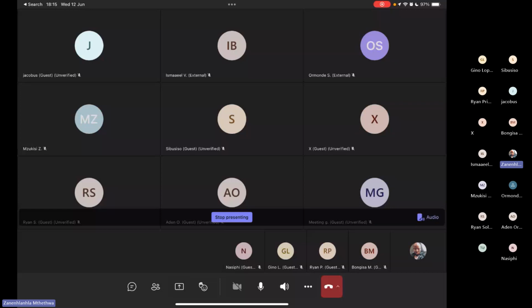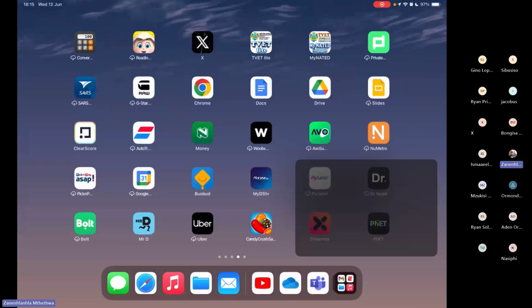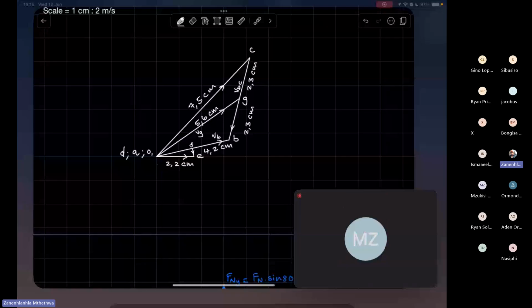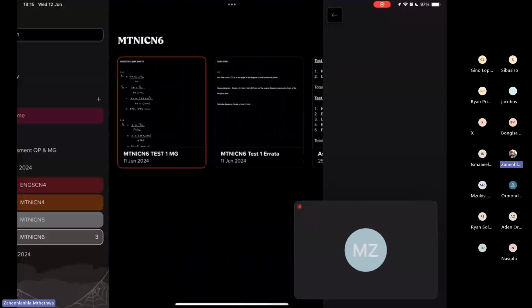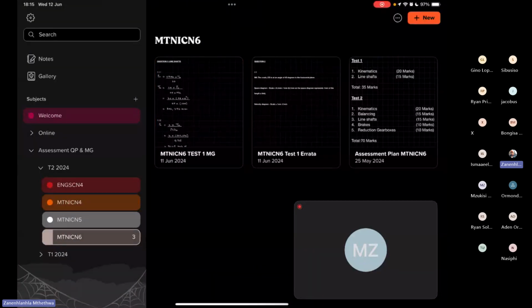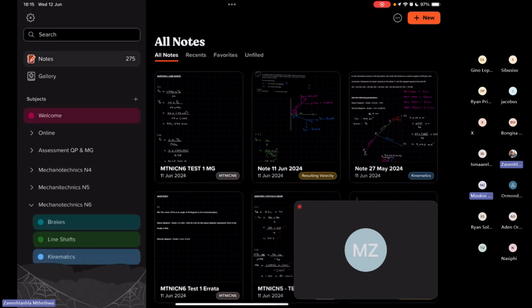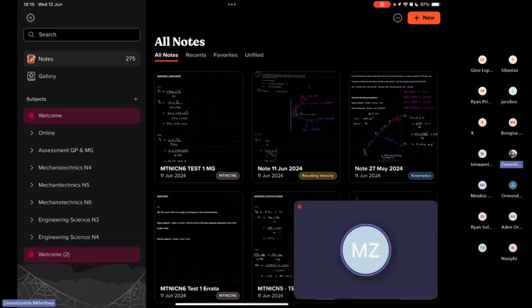So converting from meters to, let me see here. You guys can still see my screen, right? Yes.